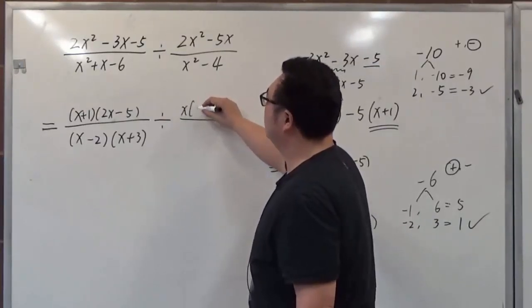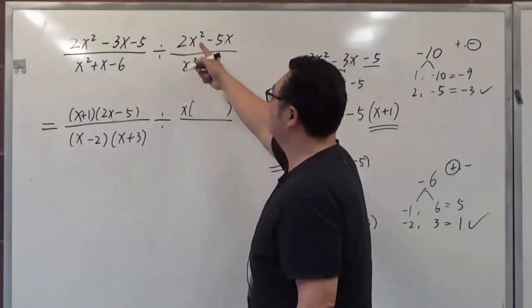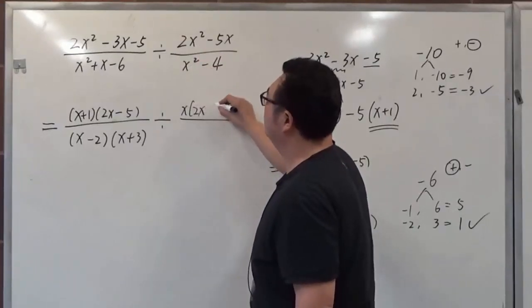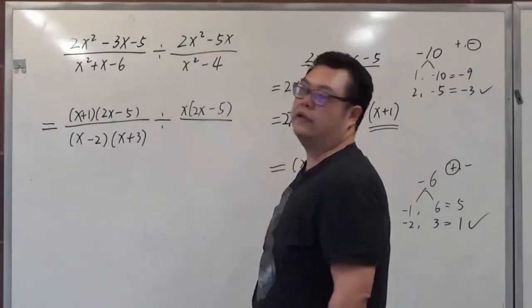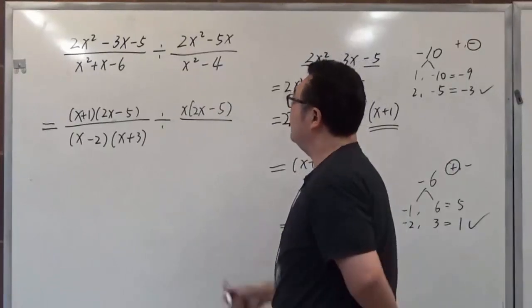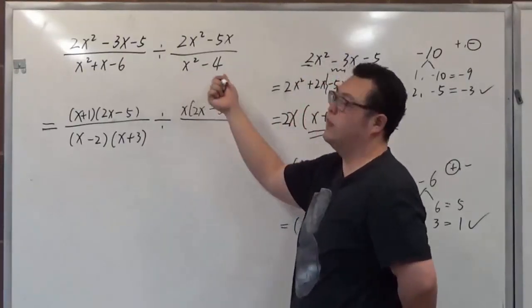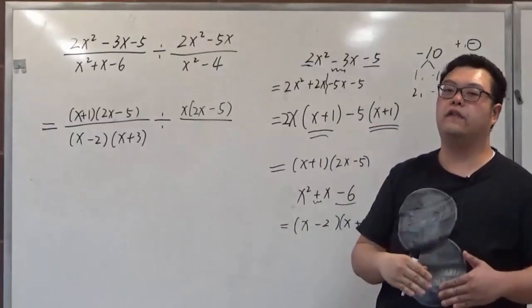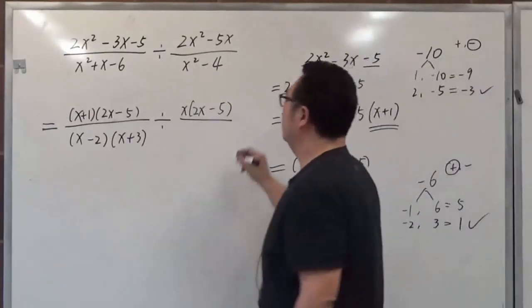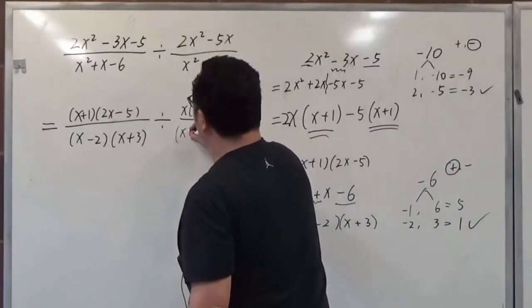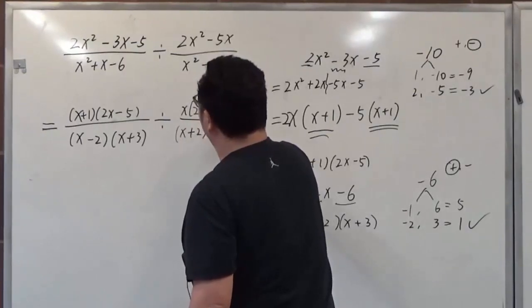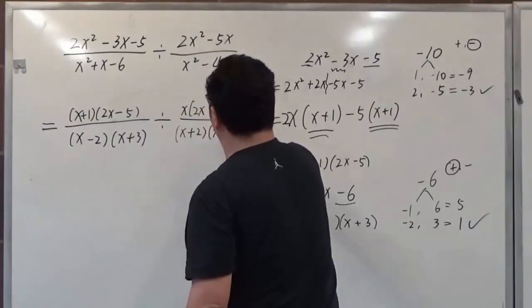The remaining inside the parentheses are two terms, 2x and negative 5. And last but not least, we have x squared minus 4, which is the difference of two squares, the square of x and the square of 2.